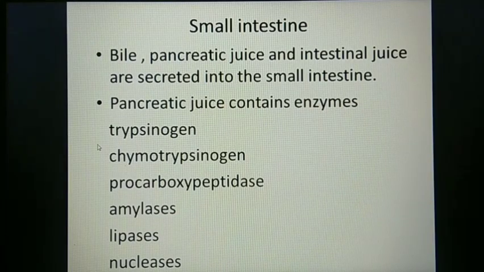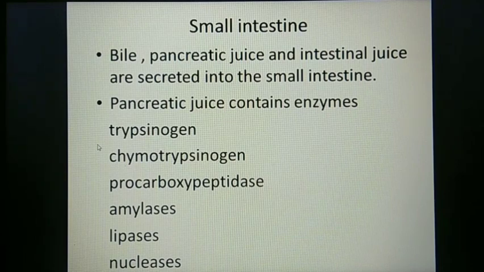Next is small intestine. The partially digested food from the stomach now reaches the small intestine. The small intestine receives 3 secretions: one from the liver, one from the pancreas, and another from the intestine itself. The liver secretes bile, the pancreas secretes pancreatic juice, and the intestine secretes intestinal juice.